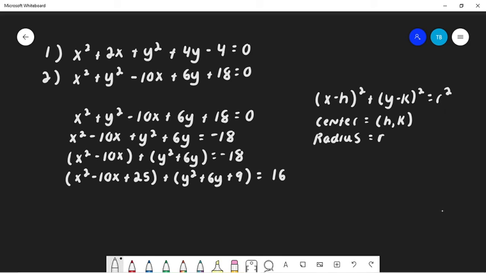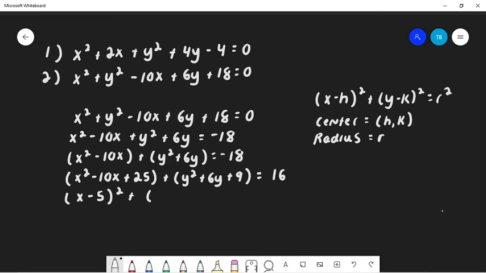Alrighty. Then we take the perfect square trinomials and just condense them into the squares of binomials. So in this case, we take the coefficient of the linear term 10 divided by 2 to get 5. So it's x minus 5 because the middle term here is minus 10x. So it's (x - 5)² plus, then we'll do the same thing with the y's.